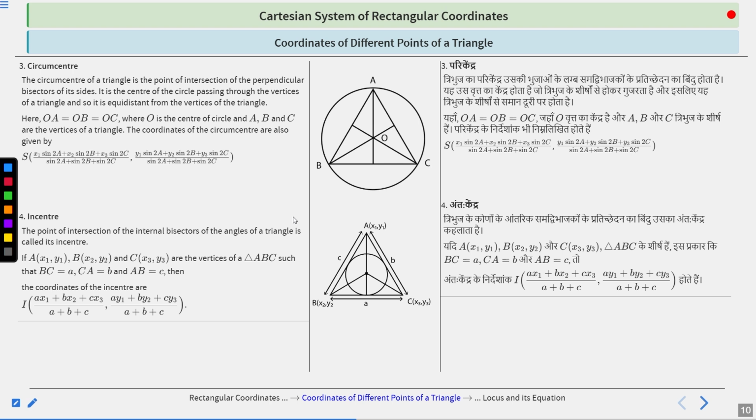So if A(x1, y1), B(x2, y2) and C(x3, y3) are the vertices of triangle ABC, such that BC equals a, CA equals b and AB equals c, then the coordinates of the incenter are (ax1 plus bx2 plus cx3) upon (a plus b plus c) and (ay1 plus by2 plus cy3) upon (a plus b plus c), right? Clear?